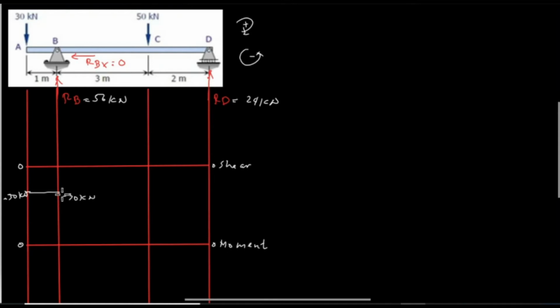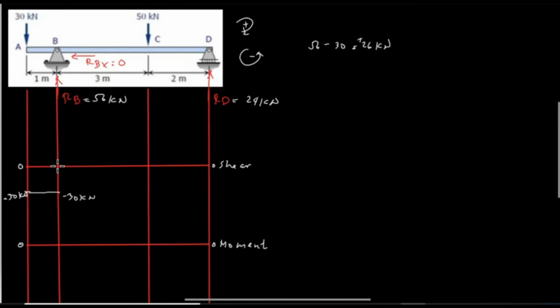Then at point B we have RB, which is 56 kilonewton, and the direction is upward. From negative 30 we go up 56 kilonewton, so 56 minus 30 is equivalent to 26 kilonewton, and the direction is upward, so therefore it is positive.